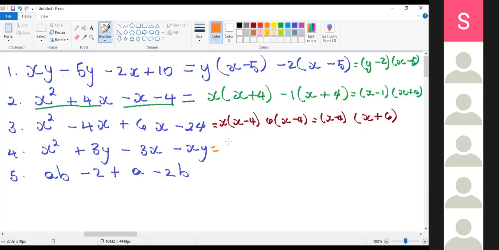All right, the next one. Number 4. x plus 3y. Tell me the factor. x, bracket x plus 3y. Negative 3.